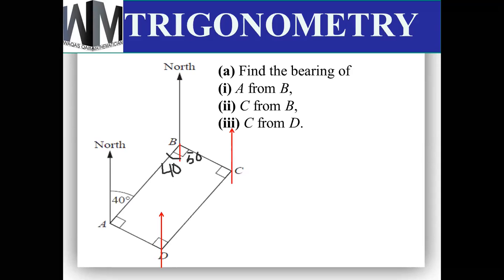And then the alternate angle of this 50 degrees becomes here at point C, and this angle becomes 180 minus 90 minus 50, which will be 40 degrees. And the alternate angle of this 40 degrees will be here at point D.